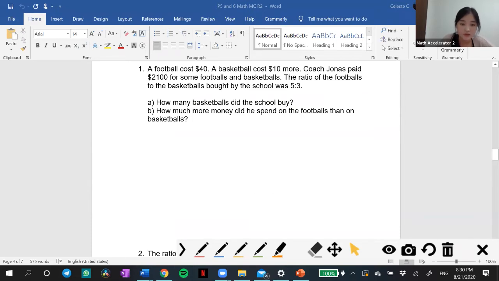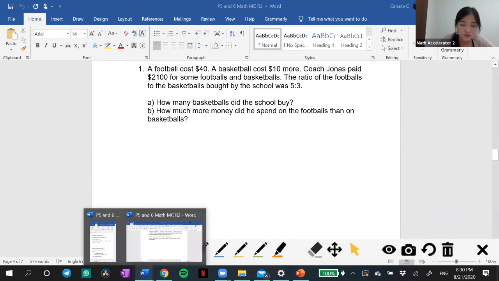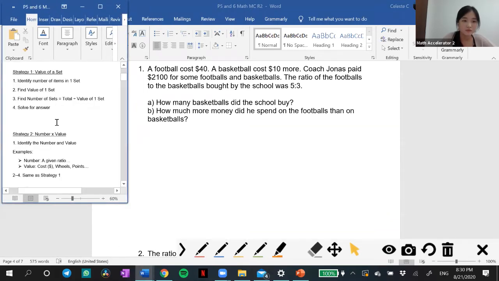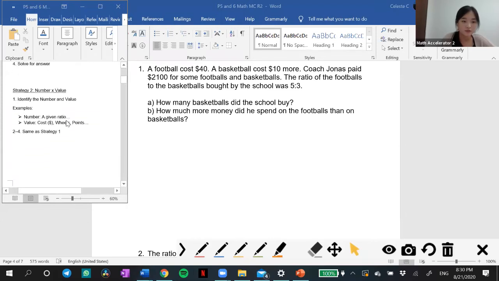Okay, this question, strategy 2. Right, so if you have your worksheet, number times value. Number one, you have to identify the number and value.